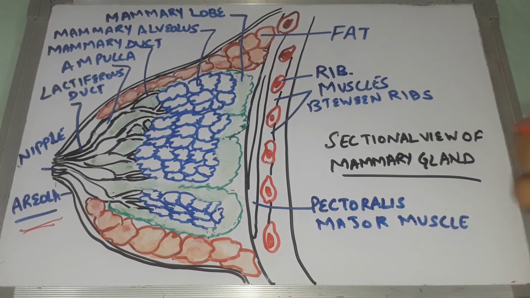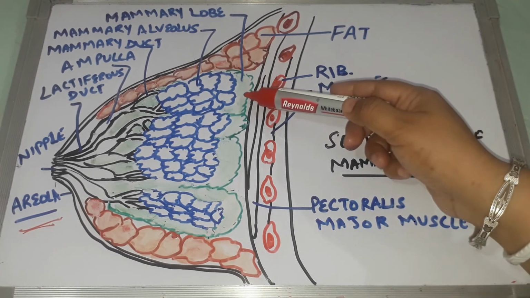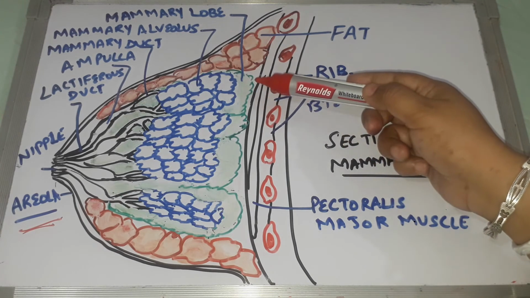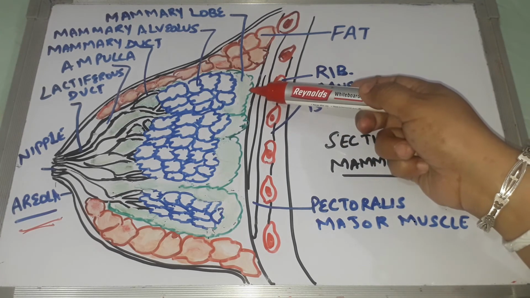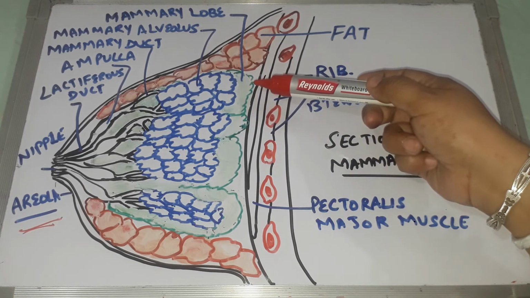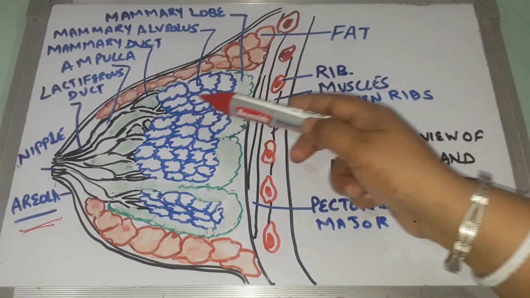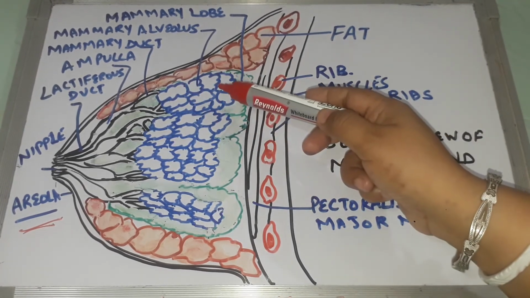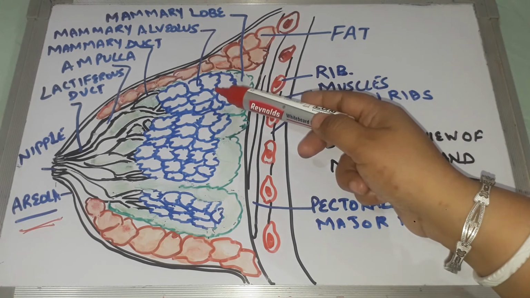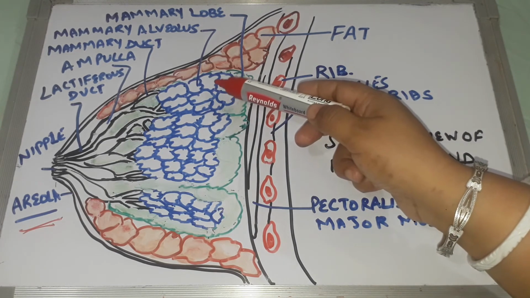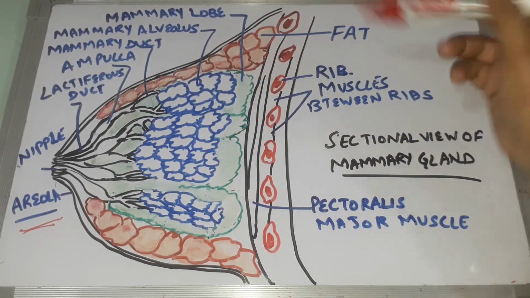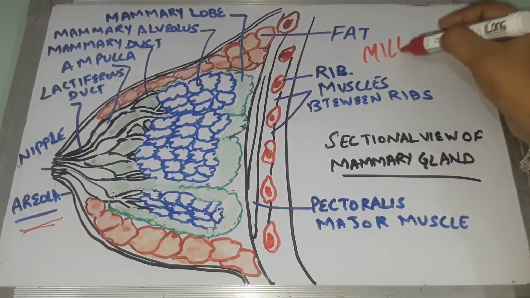Now, each glandular tissue comprises 15 to 20 mammary lobes, and each lobe is made up of a cluster of grape-like structures which are called alveoli. So these are the alveoli which secrete the milk in humans.